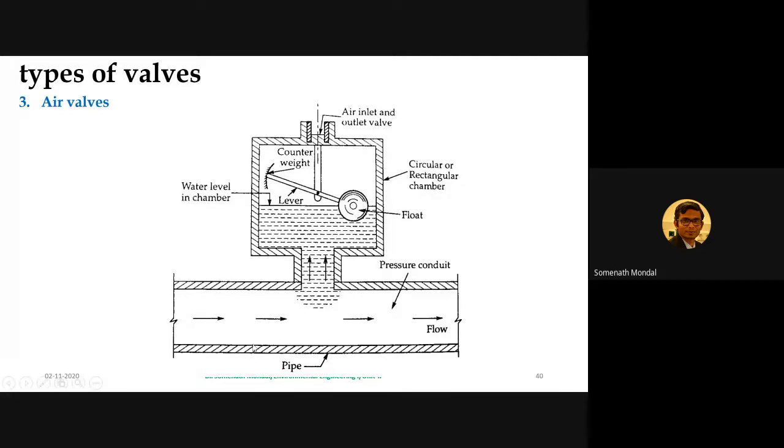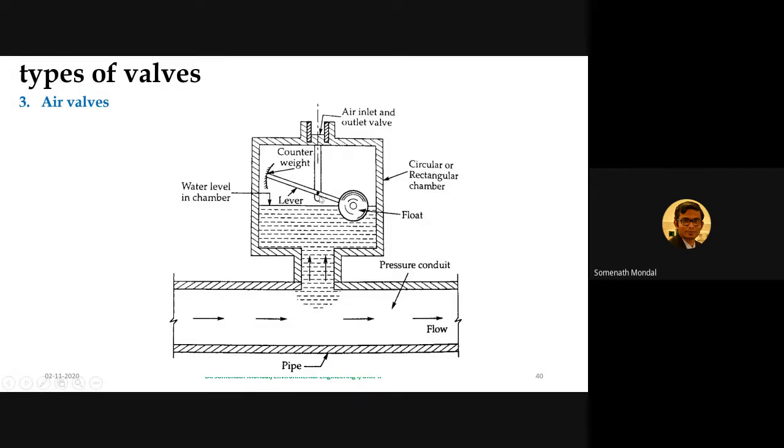Now, once you are flowing water under pressure, the water will come to some level within the tank, and then it will help the float to move up. Because of the lever action, as drawn here, there is a counterweight on the other part.